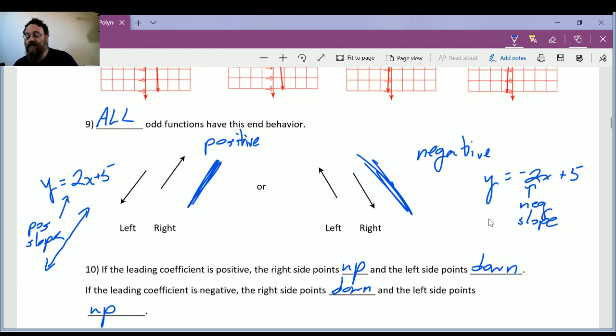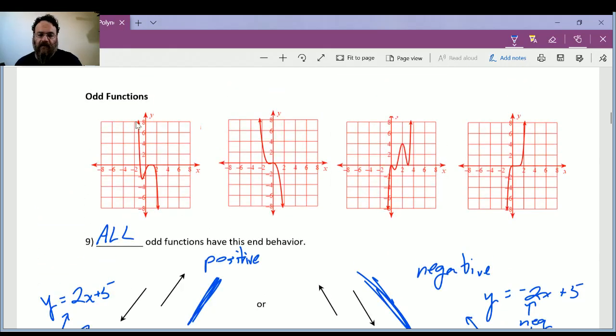And a negatively sloped line basically goes something like this every single time. So take a look. Here the arrow is pointing up this way and down this way. This is vaguely similar to a negatively sloped line, so this is a negative leading coefficient.